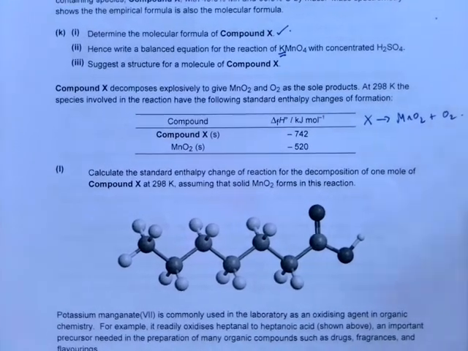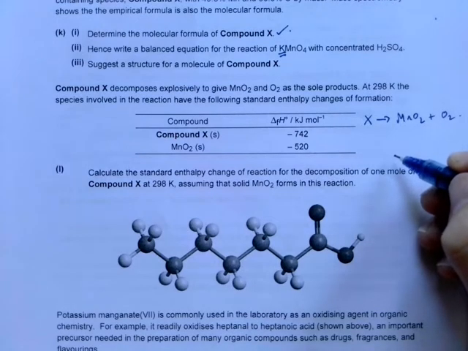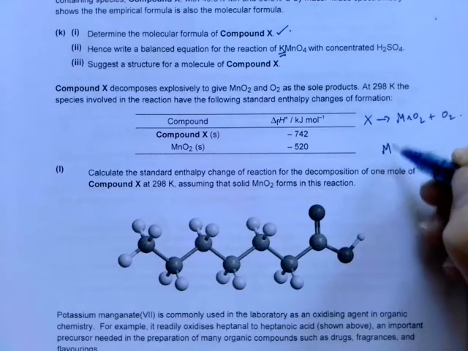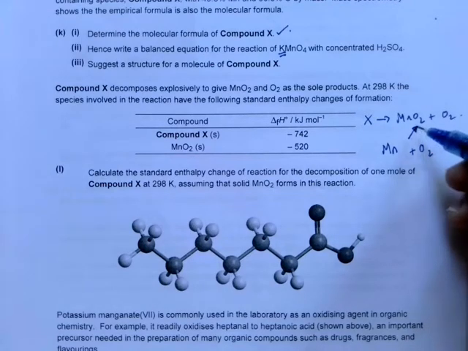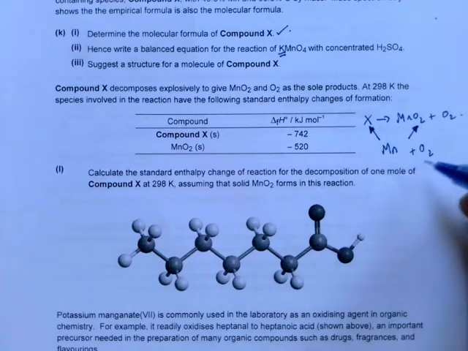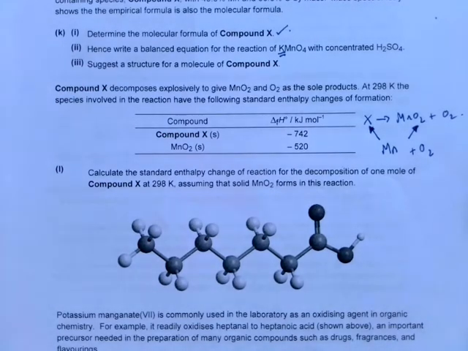And then here we've got, I know that this has only got manganese and oxygen in, so it's going to be Mn plus O2. So remember, that will need to be balanced as well. And then from that cycle, you can work out the value that you need to work out.